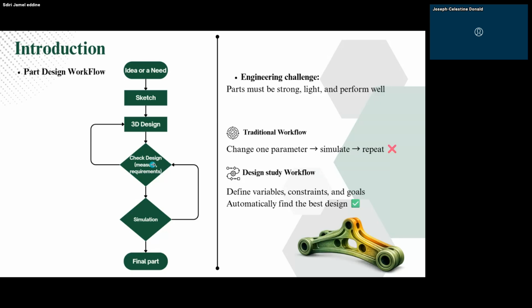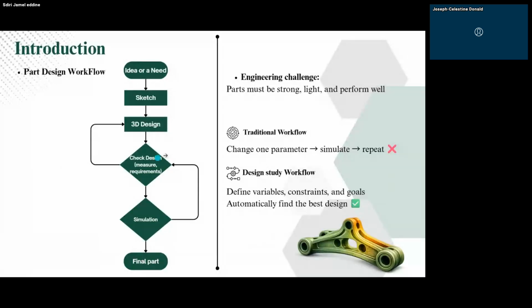After we finish the assembly or the part, we need to check our measurements and our requirements. Is it able to be manufactured with our existing manufacturing tools, or does it fit the requirement of our client?